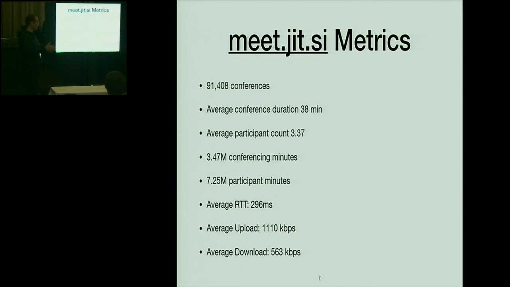The receivers are not going to get all of that. They're going to get just either the 180p stream or the 360p stream. So typically they receive less than that 1.1 megabit per second. This explains the asymmetry in the average upload and download bitrate. We're going to break down all this information later in the results section. So this is just an overview of our service.